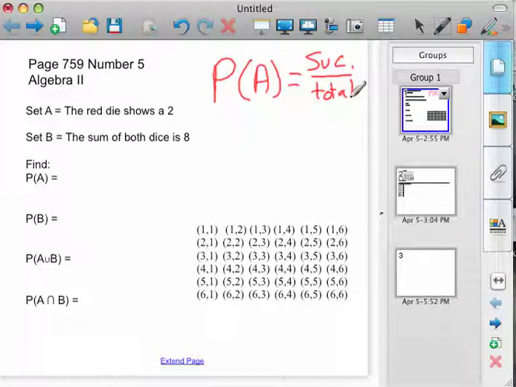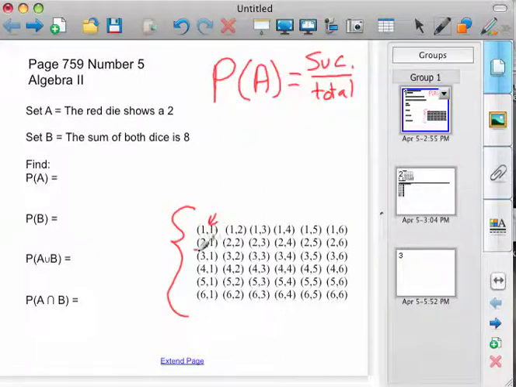So red dice showing a 2, here is all of the trials or possibilities with throwing 2 dice. Like this first one would be the red dice is a 1 and the green dice is a 1.